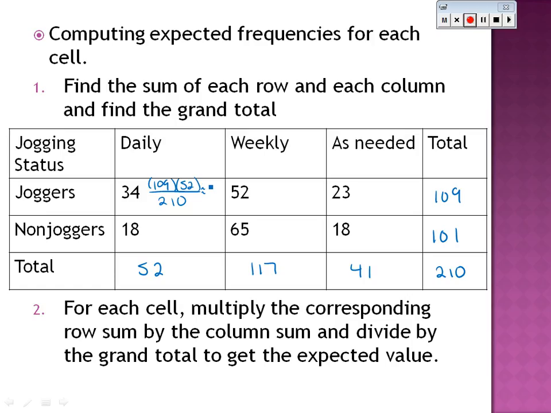So we end up with 26.99 for our daily joggers. So go ahead, just take a couple minutes and see if you can find the expected values for the rest of the table.